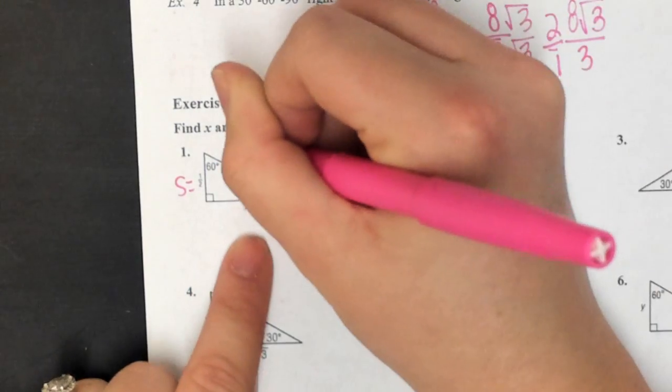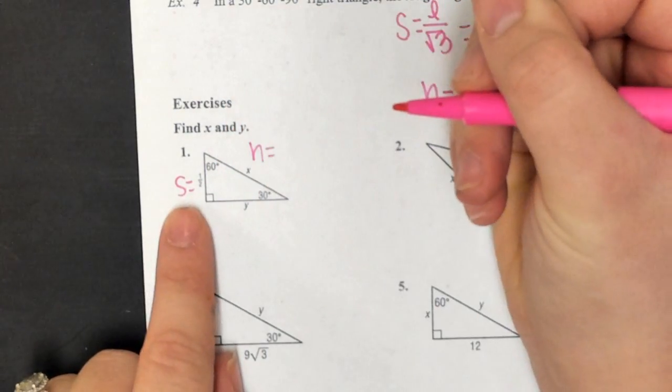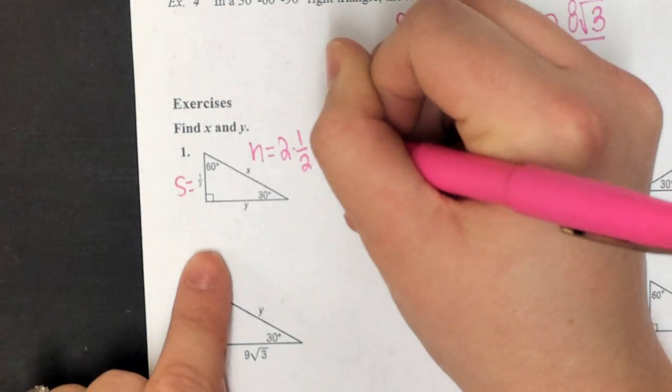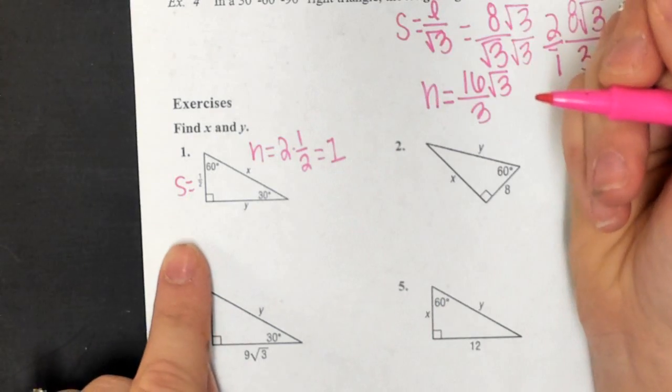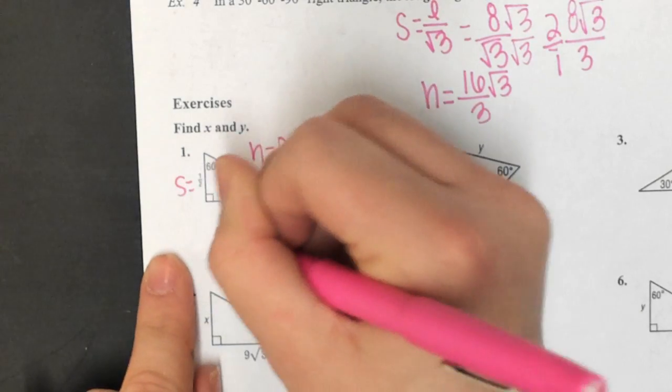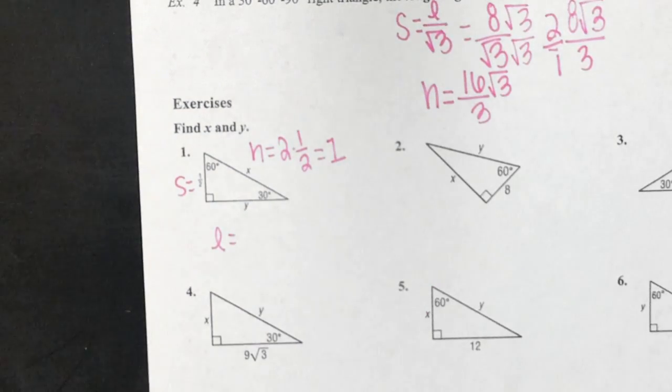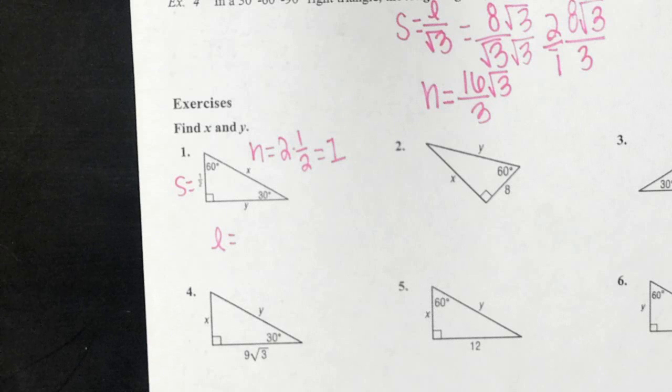So, how do I find the hypotenuse? Times 2. 2 times 1/2 is 1. How do I find the leg? 1/2 square root of 3. Do I have a square root in the denominator?